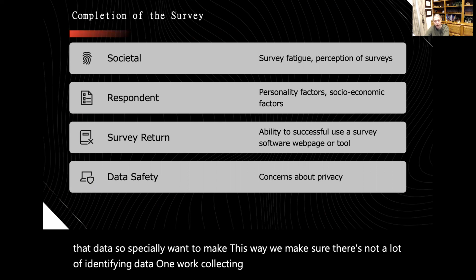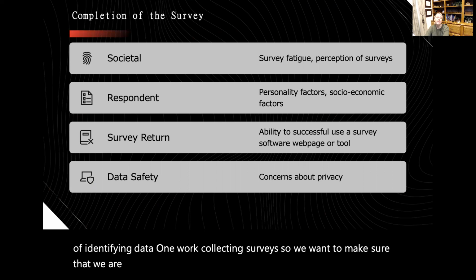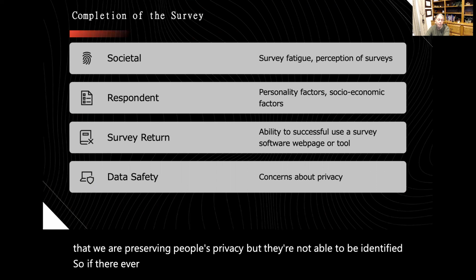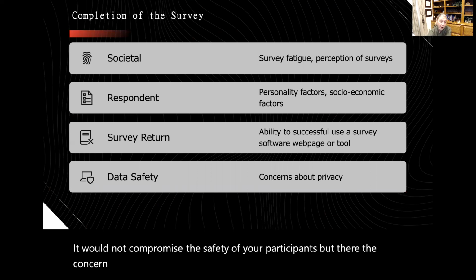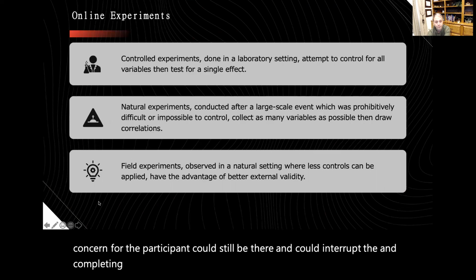We want to make sure that we are preserving people's privacy, that they're not able to be identified. So if there ever was a security breach in your software program, it would not compromise the safety of your participants. But the concern for the participant could still be there and could interrupt them in completing the survey.